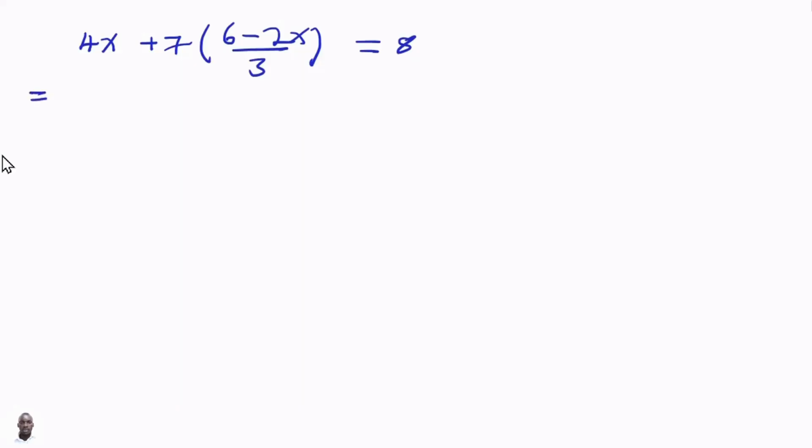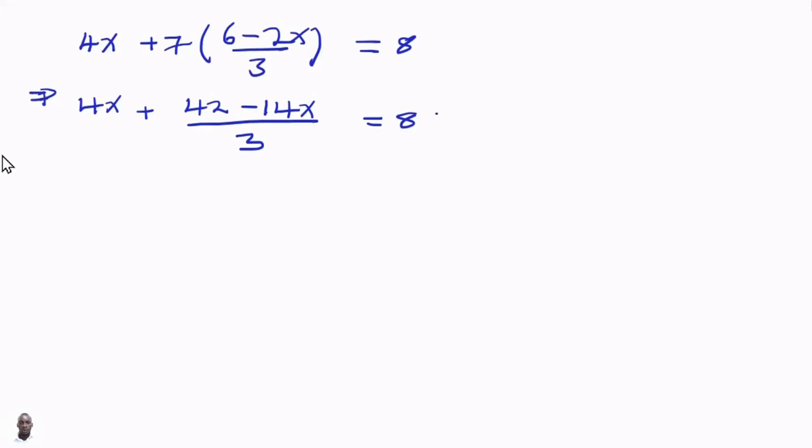The next step, we are simplifying. We have 4x plus 7 times 6, we are getting 42, minus 7 multiplied by negative 2x, we are getting negative 14x, the whole of this divided by 3 equals 8.